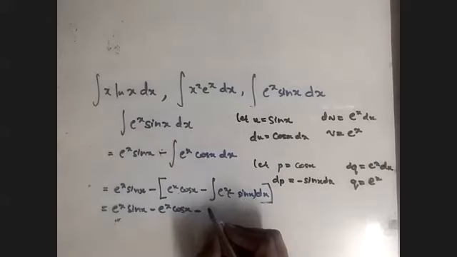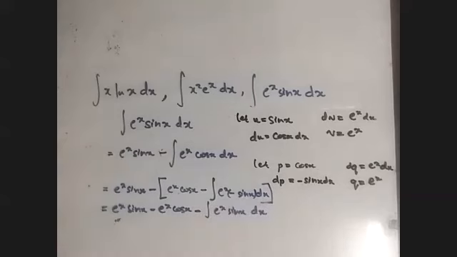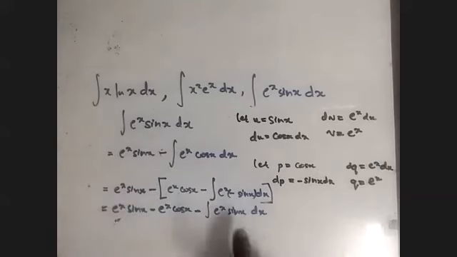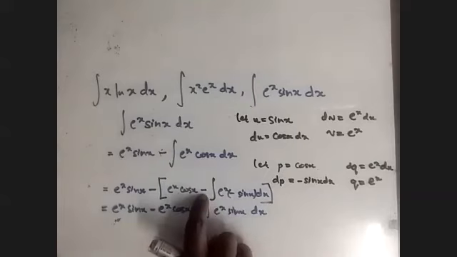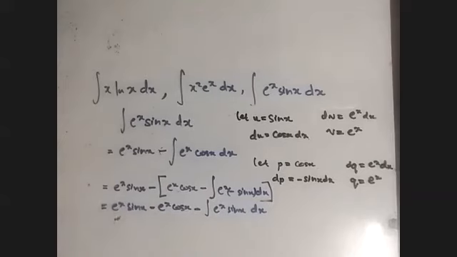So you have this minus the integral of e to the x sine of x dx. Your question might be, why do we have a negative here after having this negative here? Because these times that should give us a positive. But here we do have this negative. When you take out this negative, it becomes a positive, and a positive times a negative becomes a negative. This is the part I like about this question.